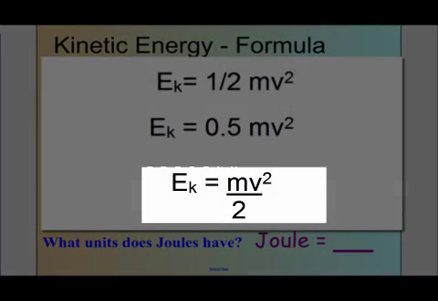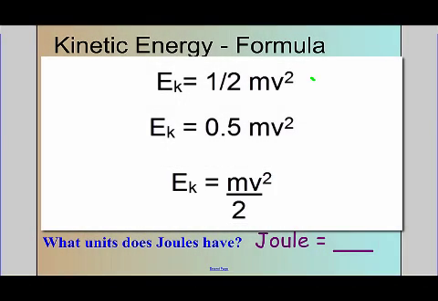Now, the last one is the one that I like the best because you don't have to worry about fractions or decimals. It's just mass times velocity squared divided by 2. Now, I'll be using the last formula when we're doing our calculations and practice questions, but if you'd like to use the first or the second formula, it doesn't matter. As long as you're using it correctly, you should come out with the same answer.